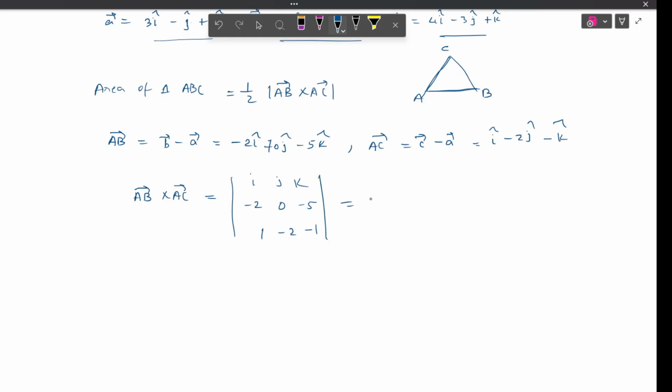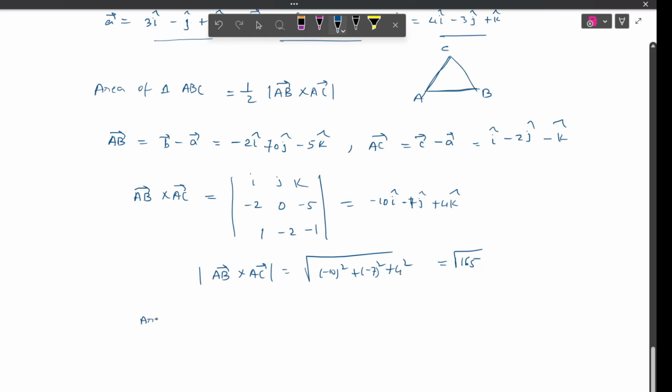So if you calculate, you will get minus 10 I cap minus 7 j cap plus 4 k cap. Now you have to take the modulus. So AB cross AC would be square root of minus 10 square plus minus 7 square plus 4 square. So it would be root under of 165.